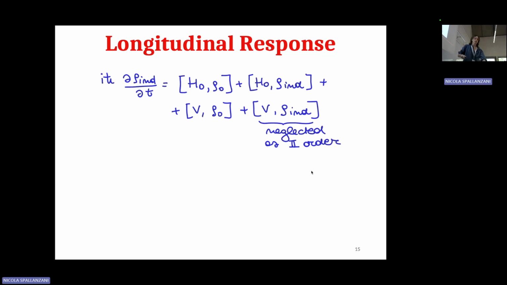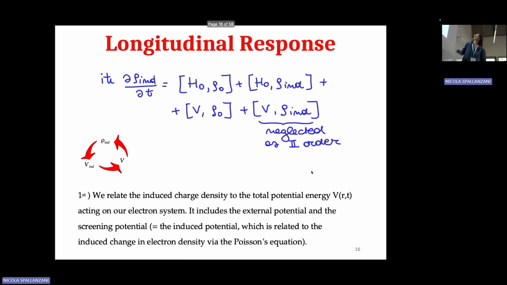What we would like to obtain is a relation between the induced density and the induced potential, because, as I showed you before, in the expression of the dielectric function, we have 1 minus induced rho over total rho. So we want to find this relation between the induced rho and the induced potential, which of course influences the total potential and so on.